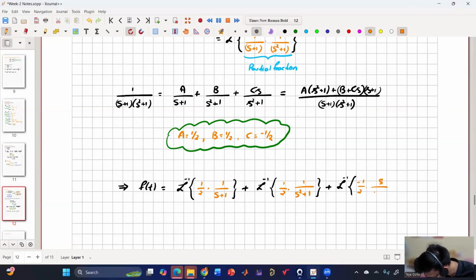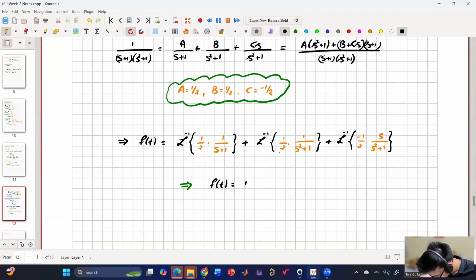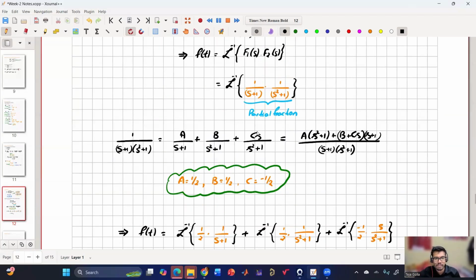So now can you calculate the inverse Laplace transform of this? So what will be my f of t, if I take half common from all of that? You understood, right? Basically, I have divided this product into a summation.